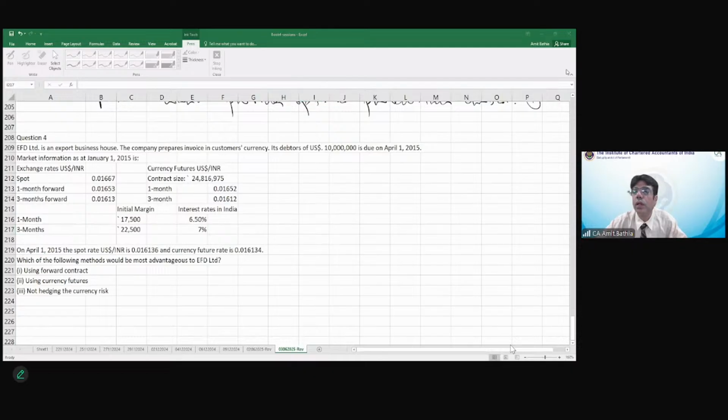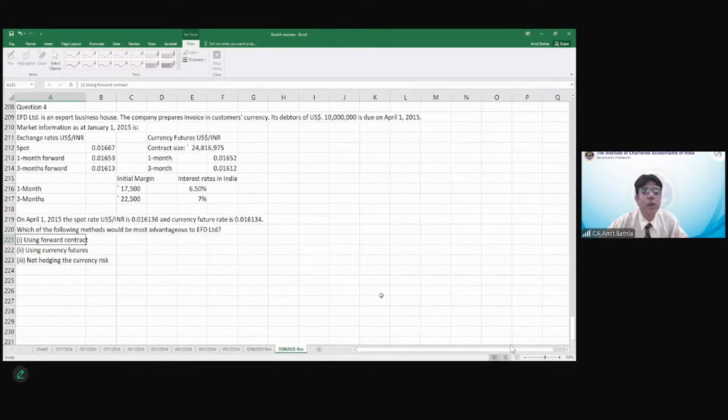Okay. So EFD Limited is an export business house. The company prepares invoice in customers' currency. Its debtors of US dollar 10 million is due on April 1, 2015.